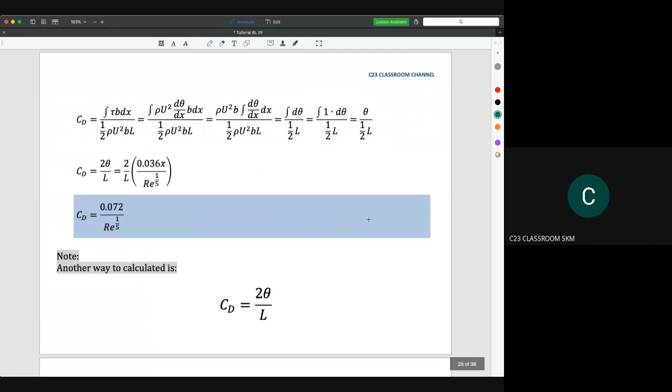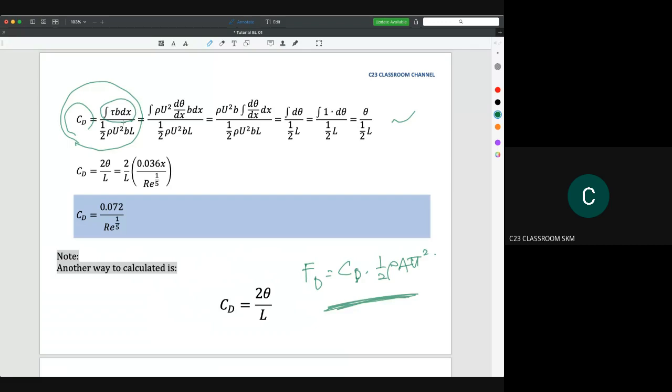So this is what I said. If you see this calculation, we know that the CD comes from FD equal to CD times 1/2 rho A U square. If we rearrange this equation, we can write the value of CD like this. So the integration here reflects the value of drag force.